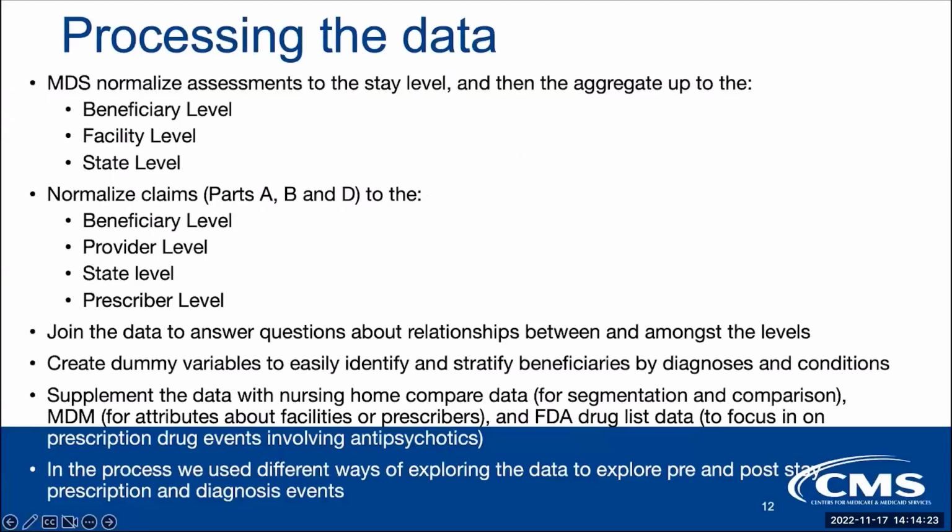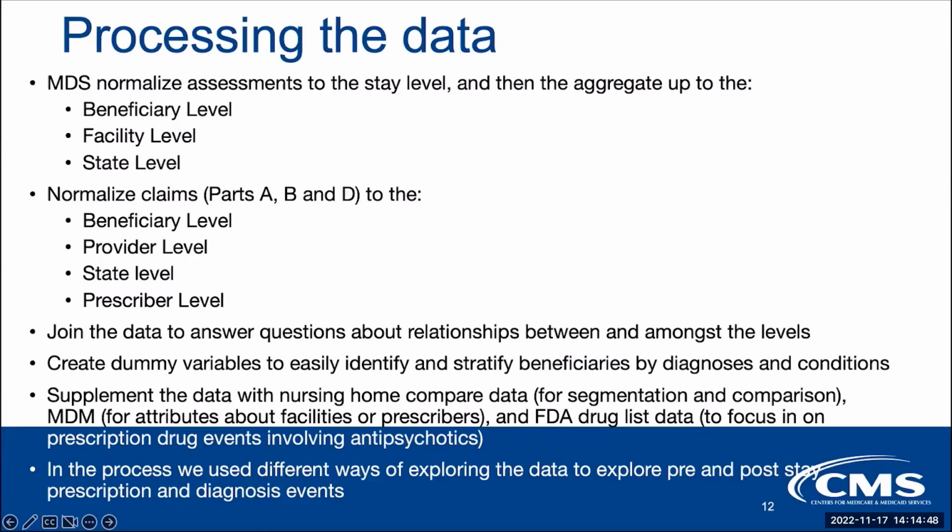So part of the process was normalizing the assessment to a stay level and then aggregating to the beneficiary level, the facility level, and the state level, doing similar process for claims and creating tables that existed at the same sort of object orientation. We then joined the data to answer questions about relationships between and amongst the levels.